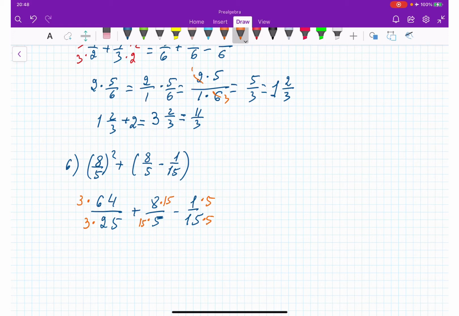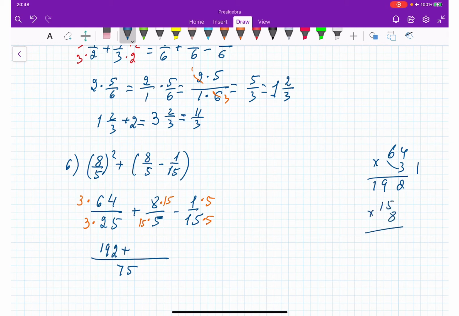The denominator is 75, therefore I'm going to provide this line, 75, and let's add and subtract at the same time. So 64 times 3, it's going to be 12, 1 in mind, 3 times 6, 18, and 192. Plus 15 times 8. 8 times 5 is 40, 4 in mind, 8 times 1 is 8, and 120. And lastly, minus 5. That's all.